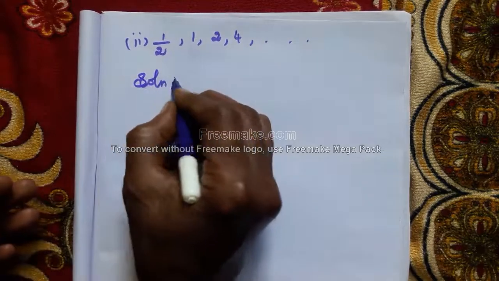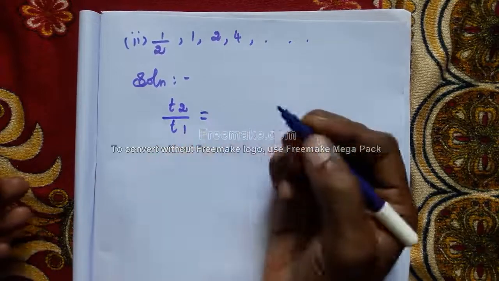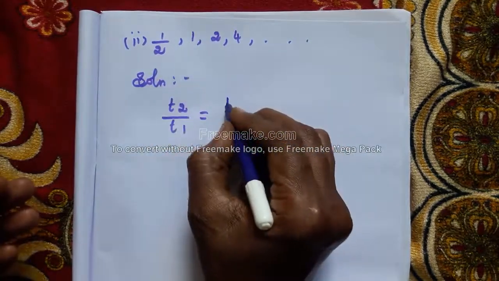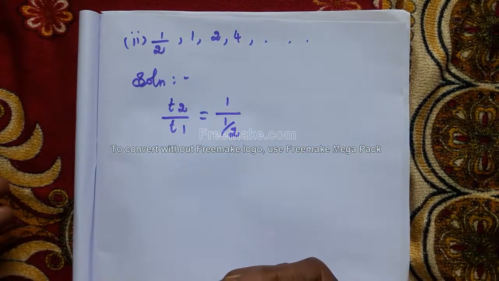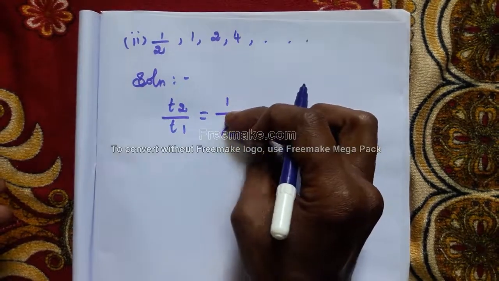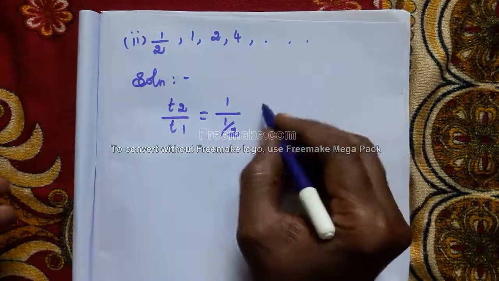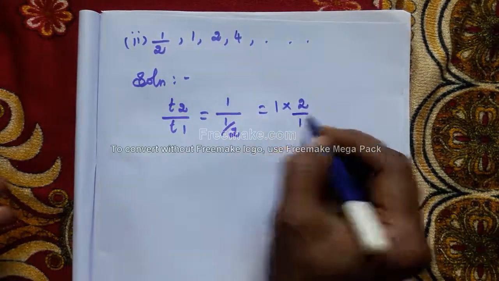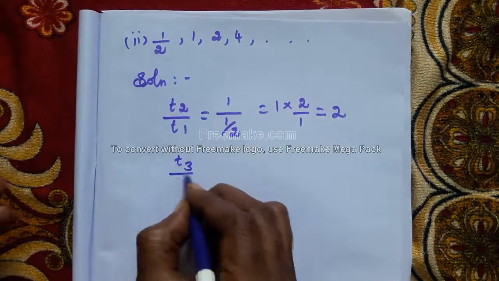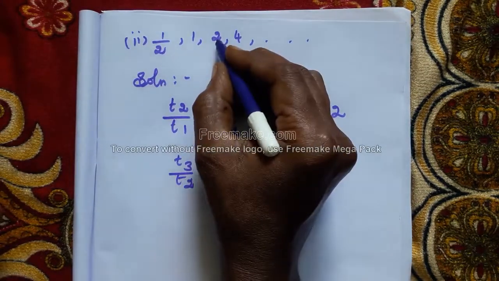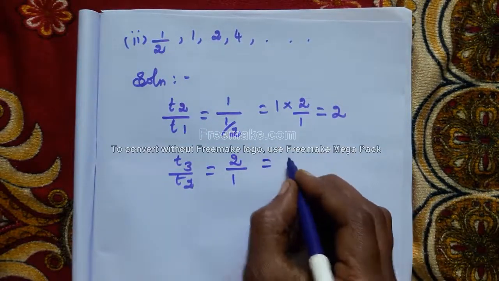First we check, listen. T2 by T1 is equal to 1 divided by 1 by 2. How can we divide? We take the reciprocal of 1 by 2 and multiply. So 1 into 2 by 1 is equal to 2. Next, T3 by T2: T3 is 2, so 2 by 1 is equal to 2.